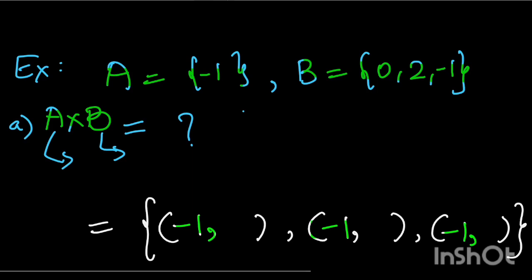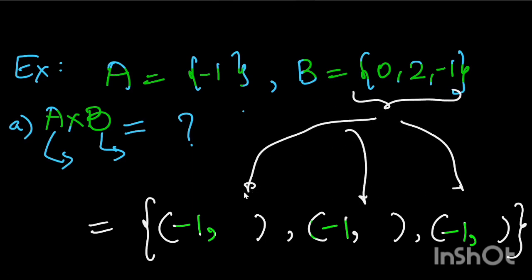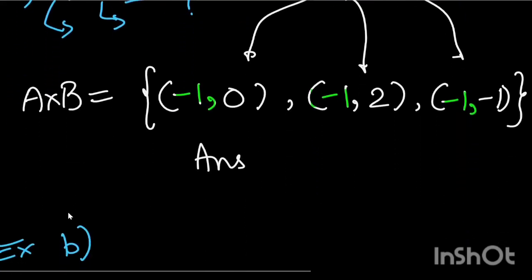As I said, you might have guessed, it is numbers from set B. So here 0, 2, -1 will be substituted. So these are the three elements of A cross B. So this is A cross B, guys. Okay, this is the answer.